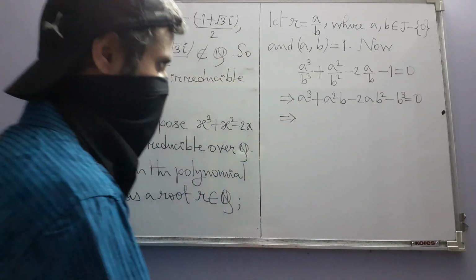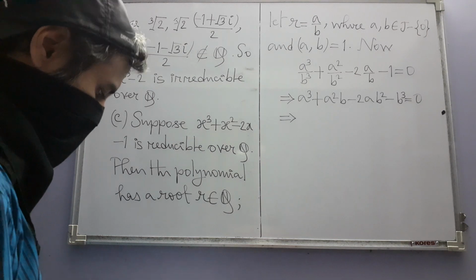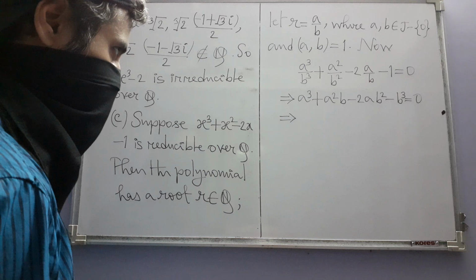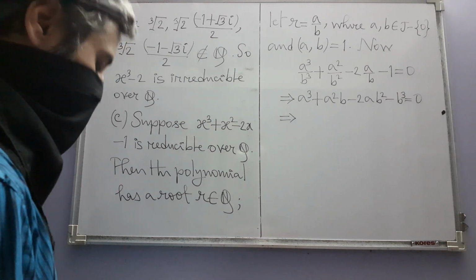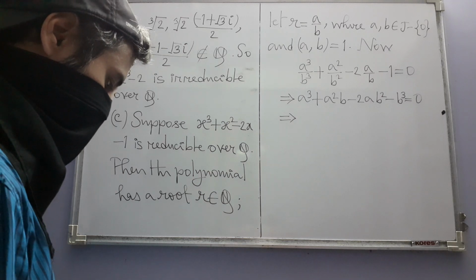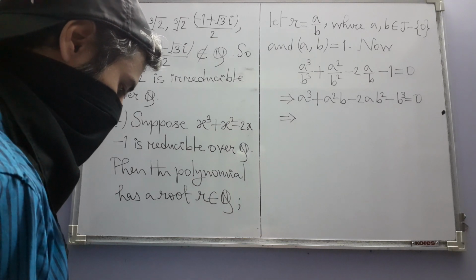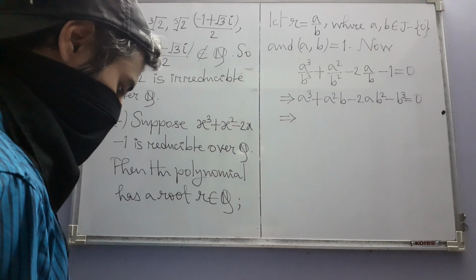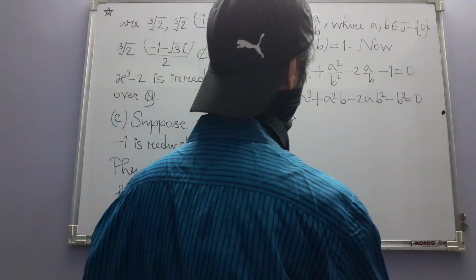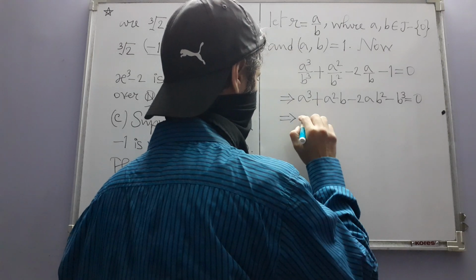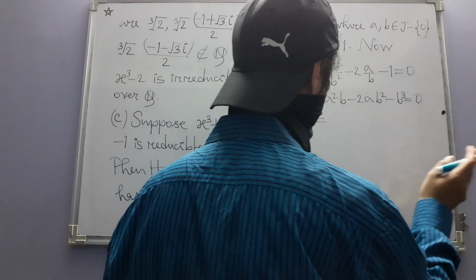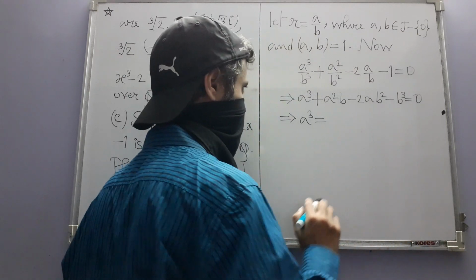Alright, now here what kind of divisibility, it's almost the same, so you can either consider divisibility by A or divisibility by B, but which one have I done? Oh, so I considered divisibility by B first. Alright, so let's keep A cube on one side and take the others to the other side.